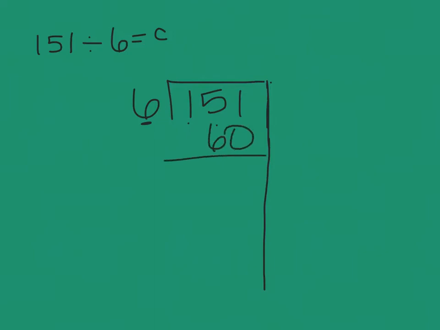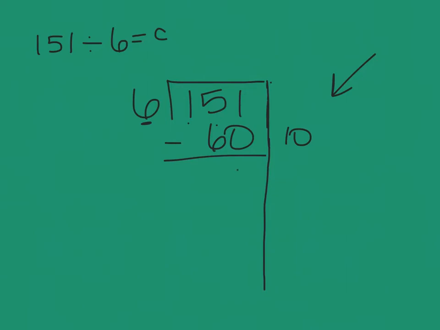That's a for sure. I feel confident. I know that math fact. It can go into 60 10 times. Remember, that's part of our answer. That's called partial quotient, right? Part of your quotient.